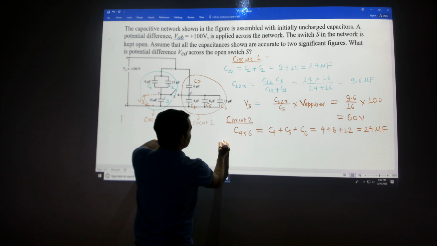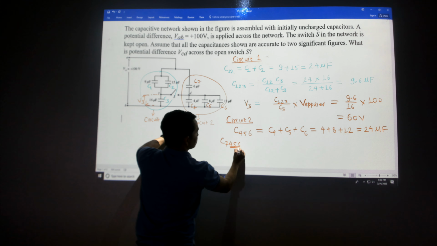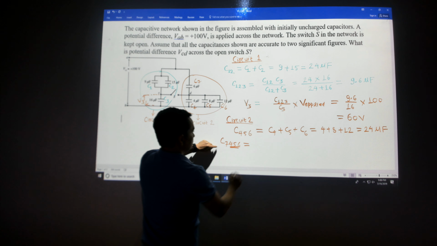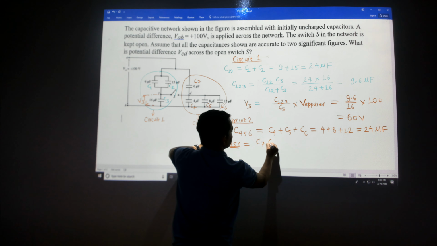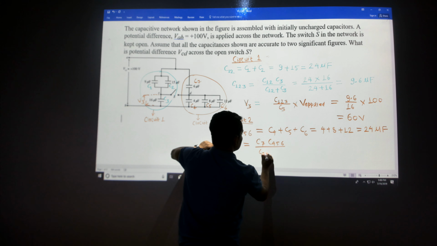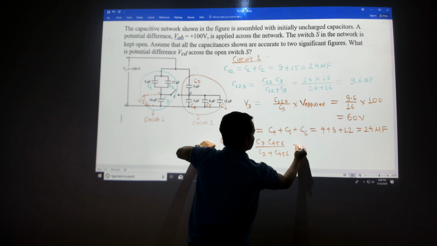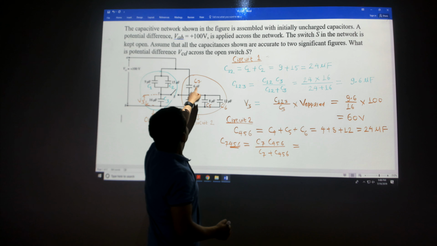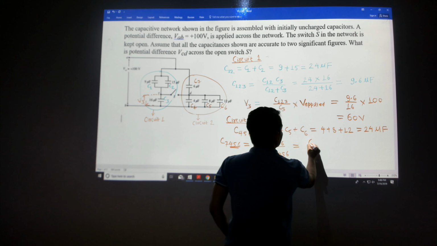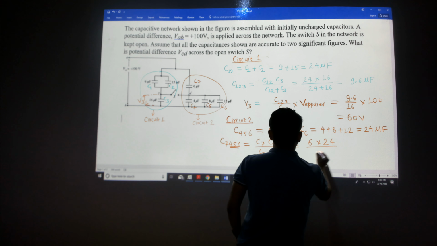So the way I can write it, the total capacitance is C7 times C456 divided by C7 plus C456. C7 is 6 microfarad, this one is 24, so 6 times 24 over 6 plus 24.